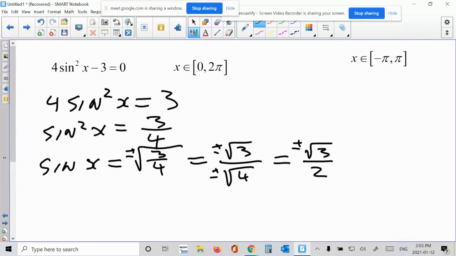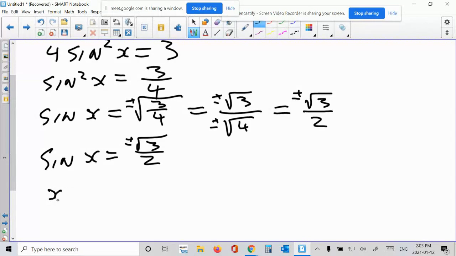That's one of the special angle results. So sine of x is equal to plus and minus root 3 over 2. So x itself is equal to sine to the minus 1 of root 3 over 2, but plus and minus.